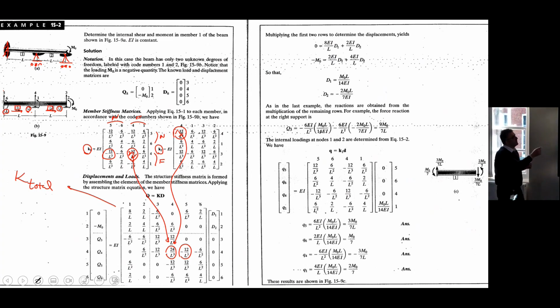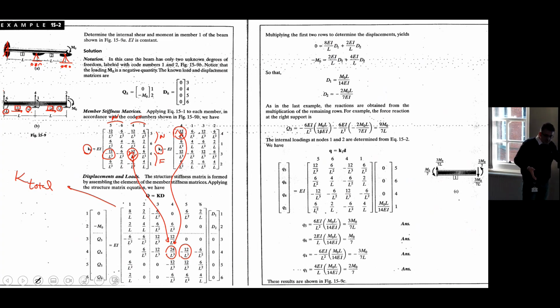So forget about the supports. Until now, we are not talking about the support. It means that this is a continuous beam without any support. It can move along 4. If it wants to move along 4, this beam resists and that beam resists. So there are 2 stiffness values contributing to this degree of freedom.